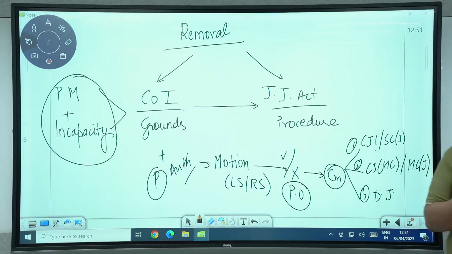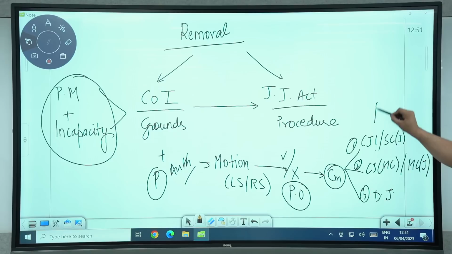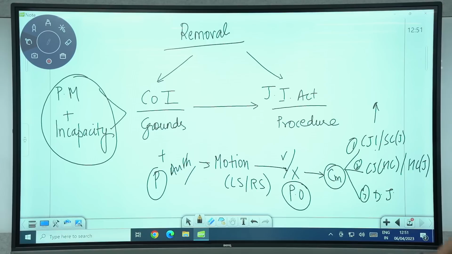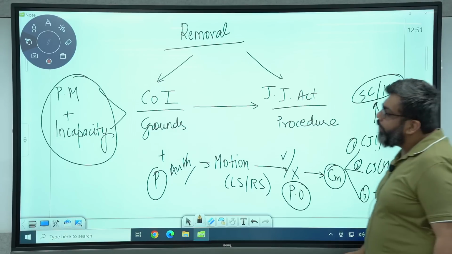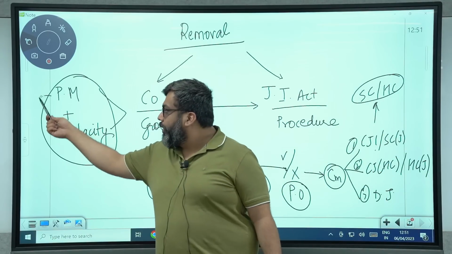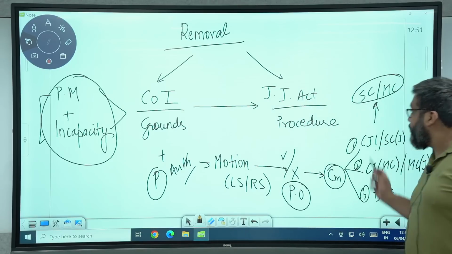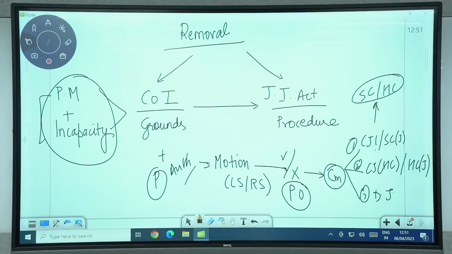Now, some key important observations. 1. When you're removing somebody through the committee process, both the Supreme Court and High Court judges are represented. And because you are not just removing purely on legal grounds, a distinguished jurist is also represented.